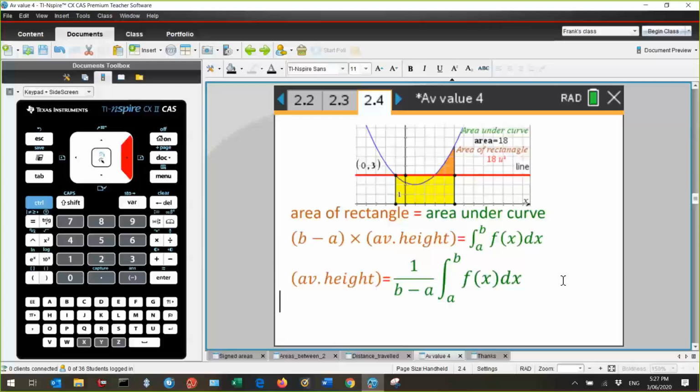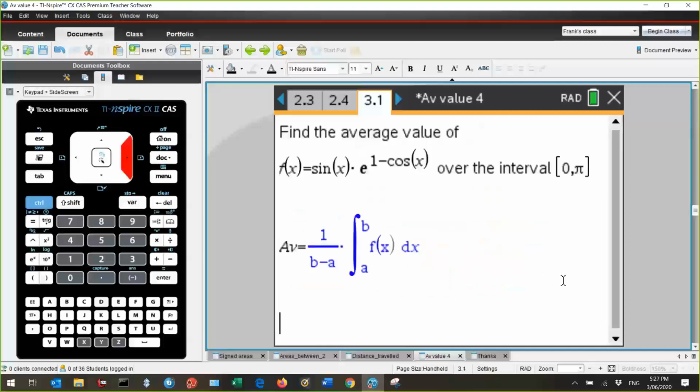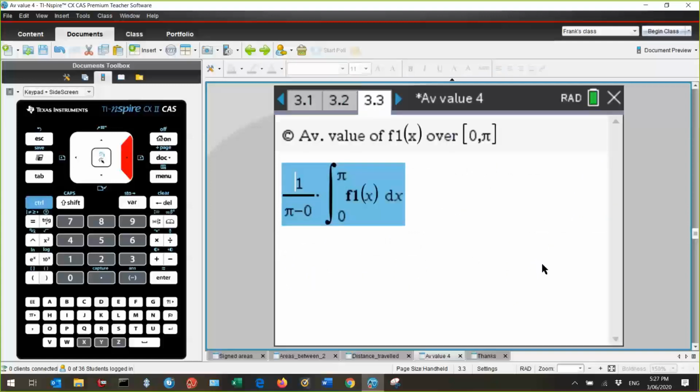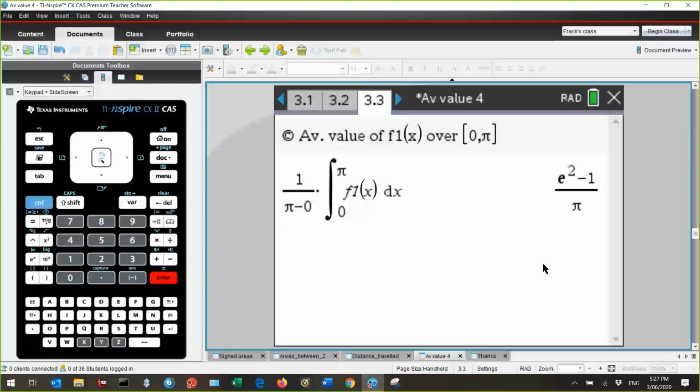So the formula is very easy to use, but understanding what's going on is more important. All right, so I'm going to find the average value of that function over the interval 0 to pi. So I've got my formula there, which I've seen where the formula comes from. And that's what the graph looks like. And I'm going to work that out. And it's that ugly expression there.